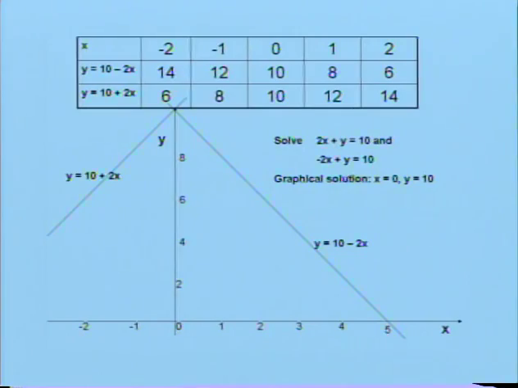From the graph, the solution is at the point of intersection of the two graphs. The graphs intersect at the point 0 and 10. X is 0, y is 10. So when you solve the pair of simultaneous equations algebraically or graphically, you will have x is equal to 0, y is equal to 10.